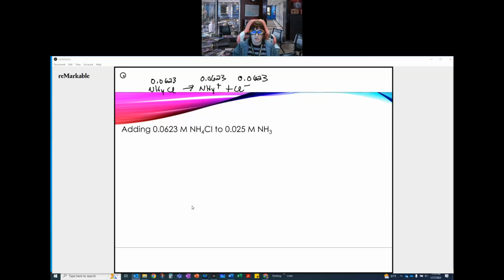Okay, so we don't go backwards once we get them into solution. It completely dissolves. So that gives us our concentration for the NH4 plus. Now, if I'm looking to study the NH3, it reacts with H2O. So NH3 is a base. When it reacts with H2O, it abstracts a proton and becomes NH4 plus.